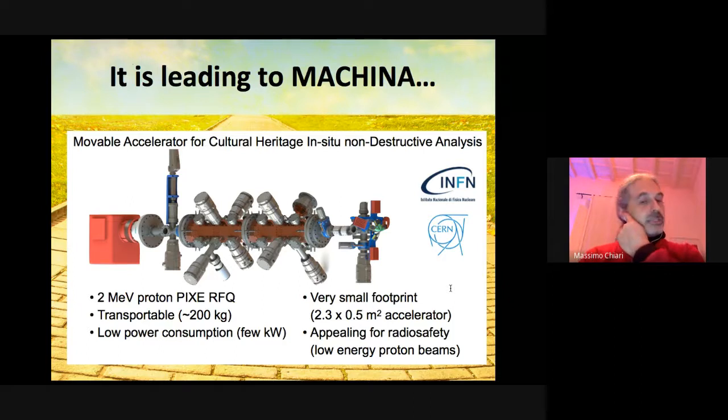And using just 2 MeV protons, you are just below the threshold of producing neutrons by irradiating elements like copper and iron. So it's appealing for radio safety because it can be switched on even in places that are not covered by radio safety rules.